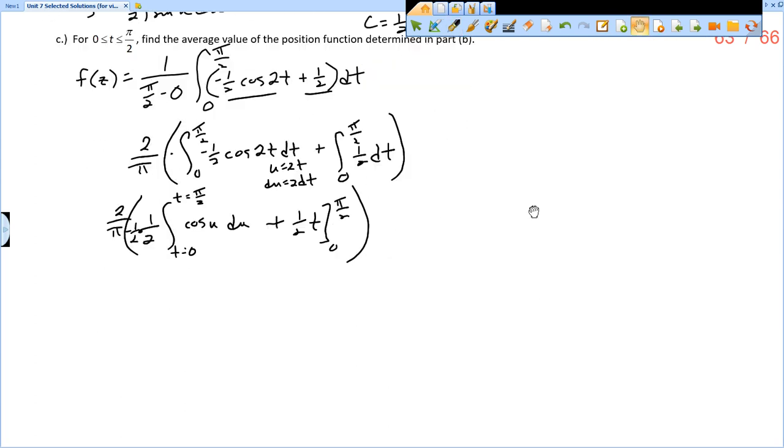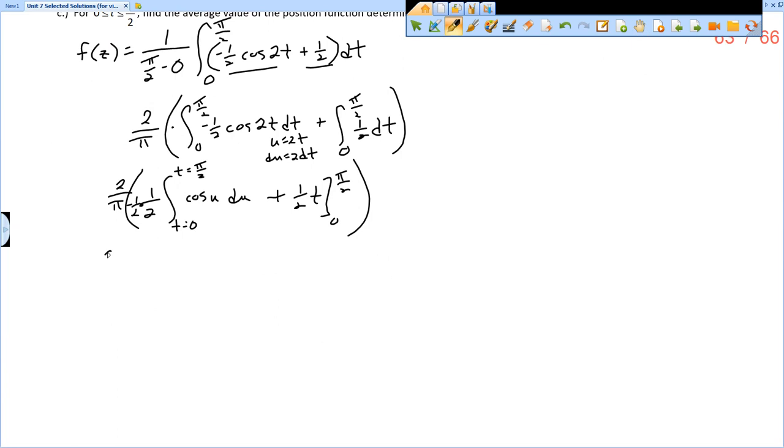All right, so a lot of work on this one. So 2 over pi times negative 1 fourth. The integral of cosine is sine of u, right? Now, sine of u, well, u is 2t. And then we need to evaluate. Now, I never did this, but let's go over here on the side.